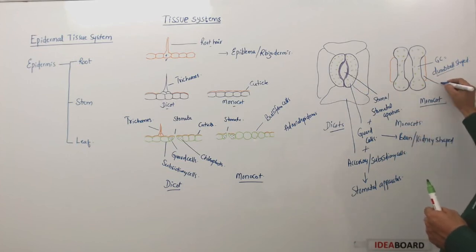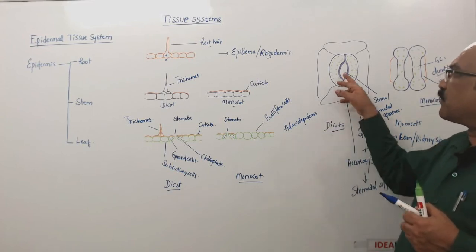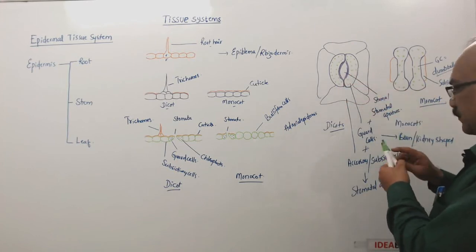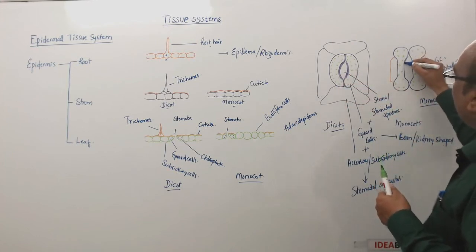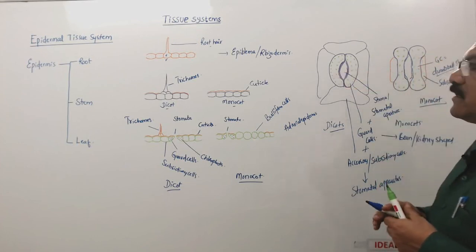Here you will find only two subsidiary cells. And I hope you might have noticed one more thing here: the inner wall of these guard cells is thickened. The outer wall is thin.